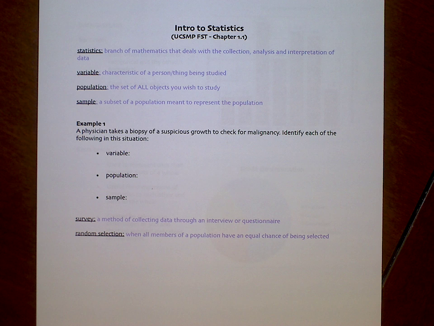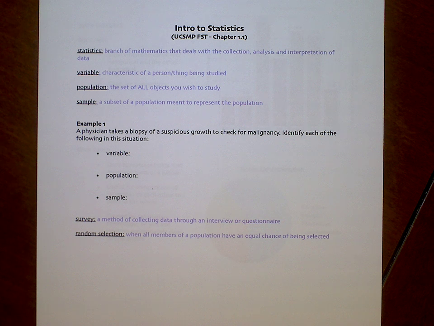The population is the entire group of people or objects or whatever it happens to be that you're studying. So if I wanted some data about students at Jenison High School, the entire student body of Jenison High School would be the population. Okay, if I wanted data about the state of Michigan, all of the residents of the state of Michigan would be my population.